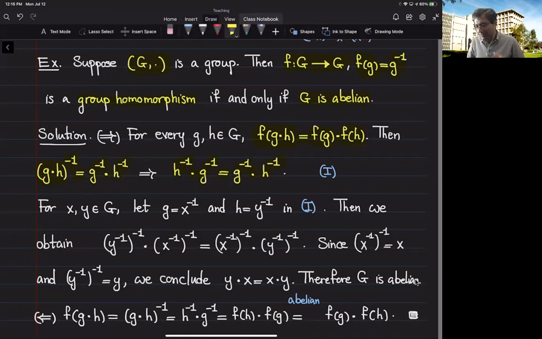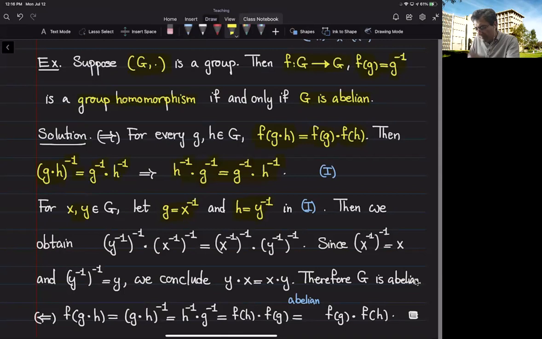Now, it seems that we are done, because at least we know all the inverses are commuting with each other. So you give me a pair x and y. I want to show that x and y commute. I plug in, instead of g, the inverse of x, and instead of h, the inverse of y. I'm going to plug in the inverse of x for h and the inverse of y for g inside this equation.